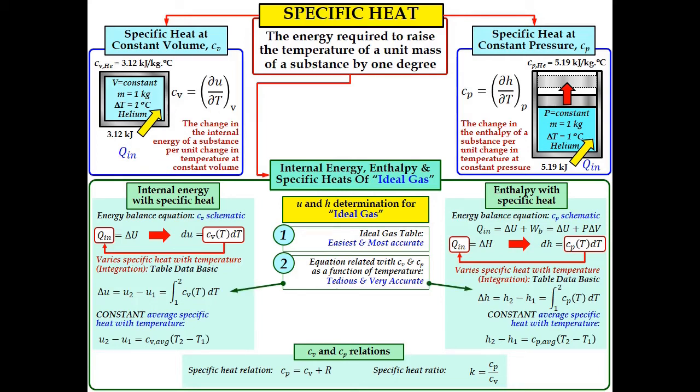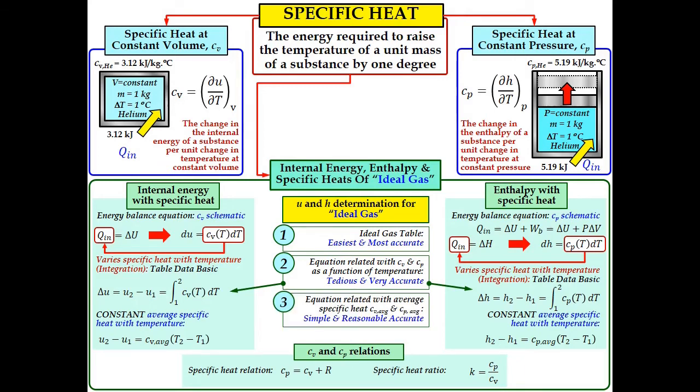For approach number 2, we can use this equation for the internal energy: delta U equal to U2 minus U1 equal to integration of CvT dT. And for enthalpy, delta H equal to H2 minus H1 equal to integration of CpT dT.